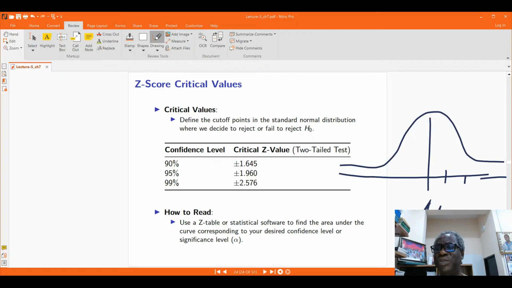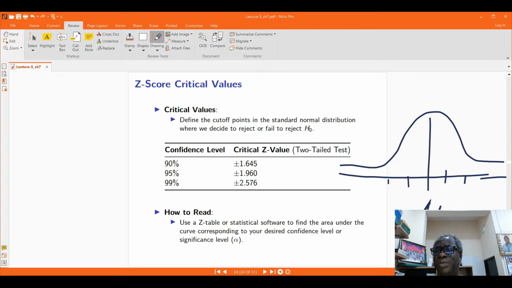But you could also have on this side minus one standard deviation away from the mean, minus two standard deviations away. So the Z value determines the width, the standard deviations away from the center.